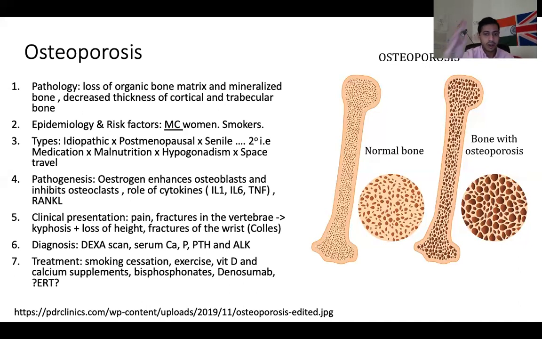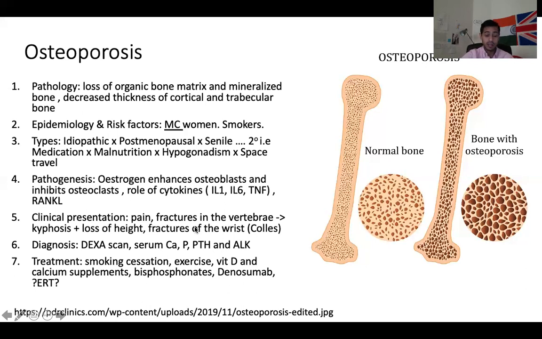So we know that scoliosis is a curvature of the spine, and we know that kyphosis is forward bending, sorry. And there will obviously be a loss of height because of loss of bone mass. It's also quite common to see fractures of the wrist, especially Colles fracture. I won't go into Colles fracture too much, as this is a pathology lecture.